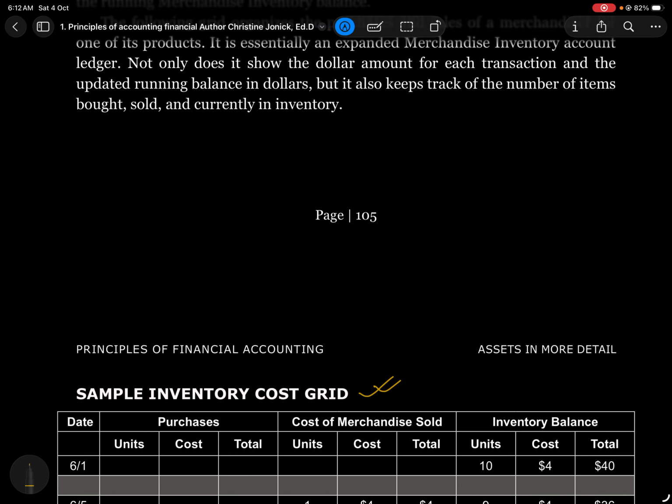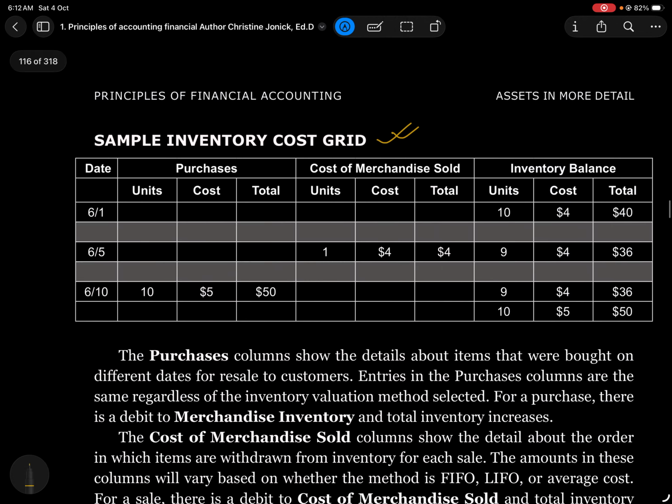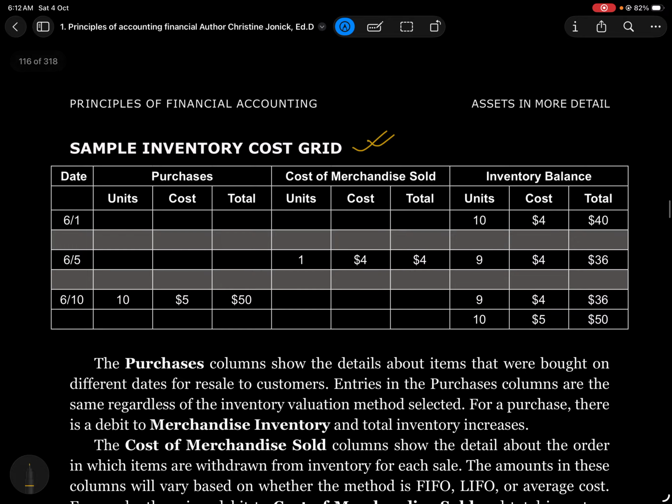Sample grid. So suppose we have an opening balance on 530. We had an inventory of 10 units, and that would be the opening balance for this particular month. 10 units, cost was 4, and it was a $40 balance, right?